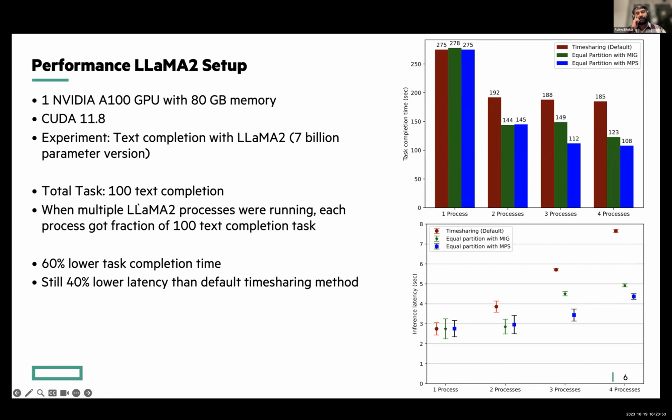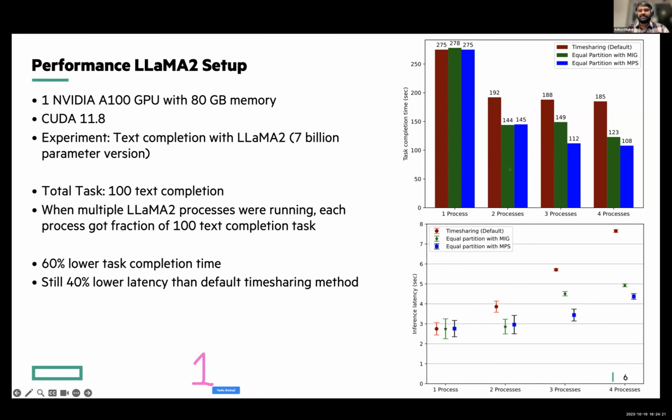When multiple Llama processes are running, each process gets a fraction of the 100 text completions. So if you're running two, we're giving 50-50 text completions to each of them. What we saw was that one process running on MIG, MPS, or default takes around the same amount of time, because only one instance of Llama is running.